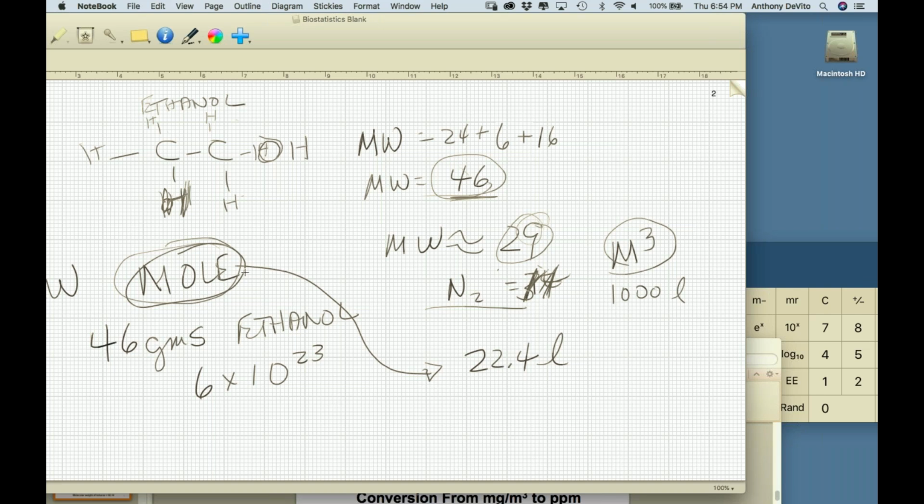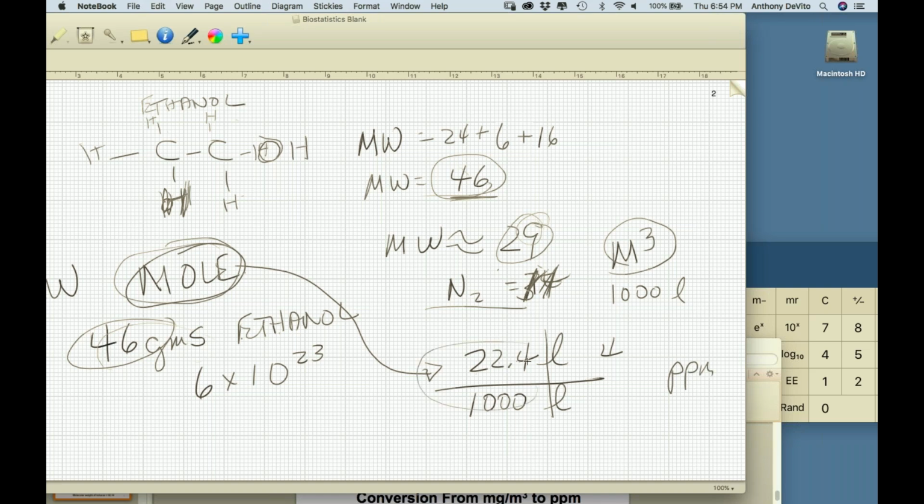So if I have 1 mole, 46 grams of ethanol, and I evaporate it into a cubic meter of air, right? That means that I have 22.4 liters of ethanol in 1,000 liters of air, right? This crosses out. This is unitless. Now this is parts per million.